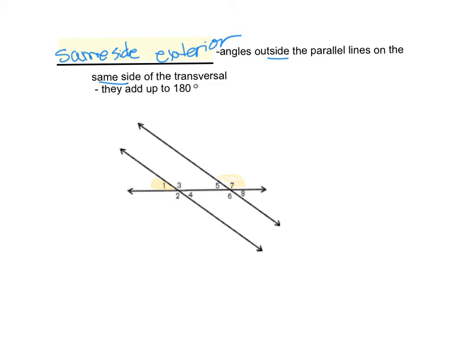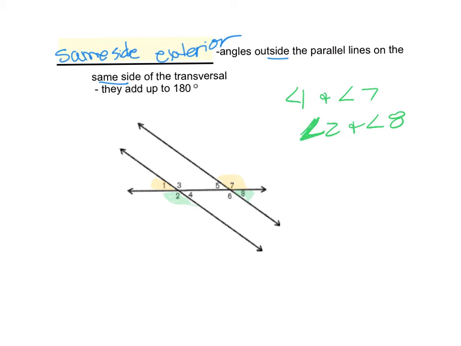So that would be angle 7, exterior, I mean. Angle 2 is exterior, and it's below my transversal. Angle 8 is exterior, and it's below my transversal. So my same side exterior are angle 1 and angle 7, angle 2 and angle 8.